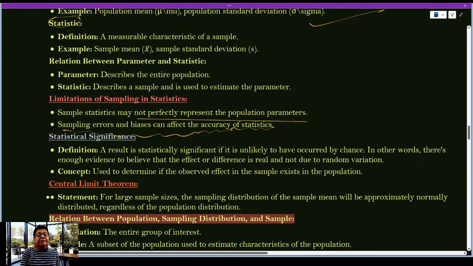What is statistical significance? Try to remember it. All of you are going for the board exam just after a few days. What is statistical significance?